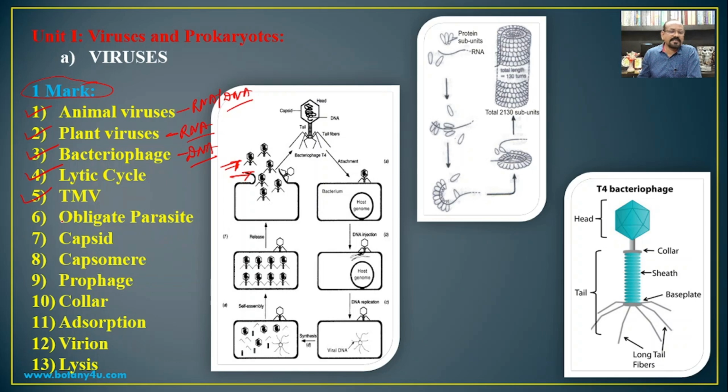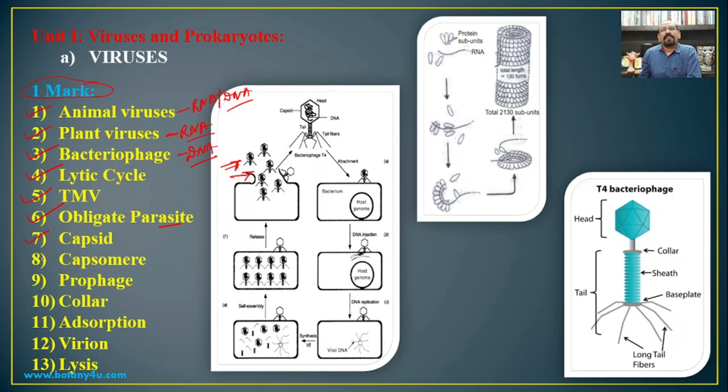Then obligate parasite. Viruses are obligate parasites because to complete the life cycle there is need of a host organism, and without a host it is not possible for viruses to complete the life cycle, hence they are known as obligate parasites.